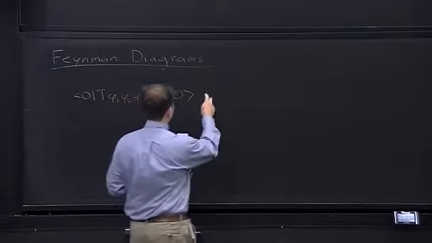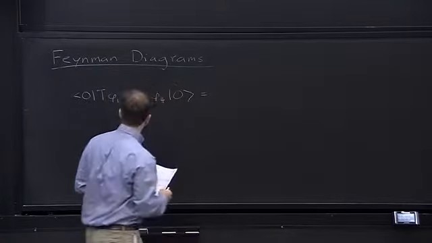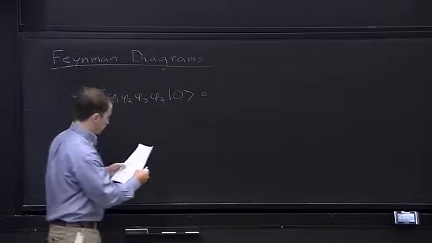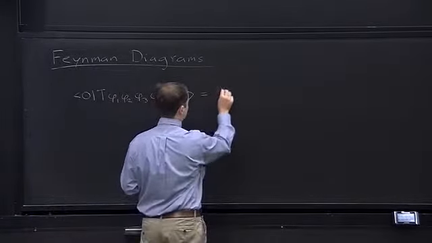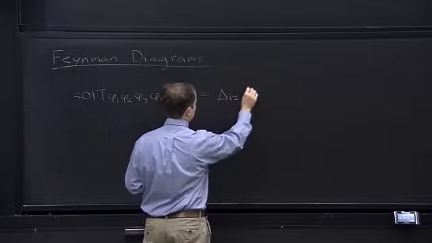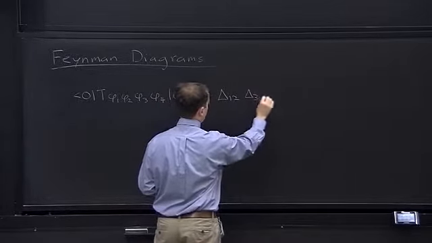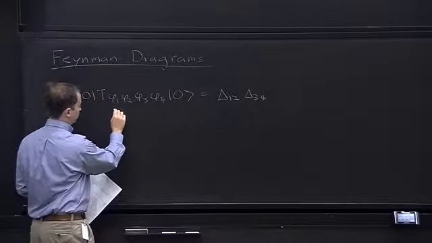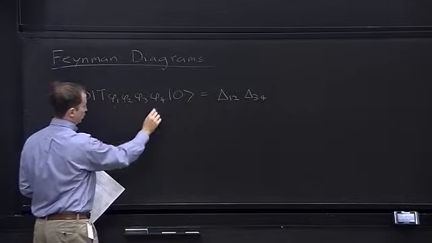So this is just equal to the sum of the products of Feynman propagators from 1 to 2 and 3 to 4. So that's one possible way we could contract the fields. We could contract, for instance, 1 with 2 and 3 with 4.